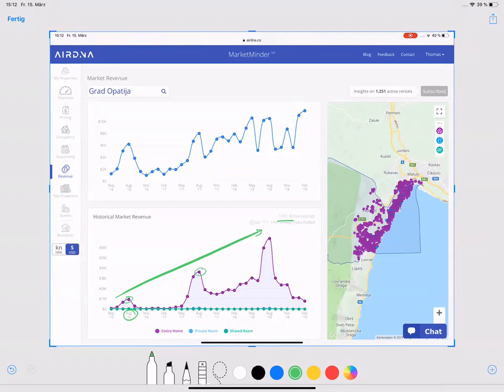Here it's already 3.5 million, and here it's probably something like 8 million. So the whole market is growing. Keep in mind that Airbnb per se was growing as well, so it isn't just that the number of guests increased, but also the number of properties available in this area.